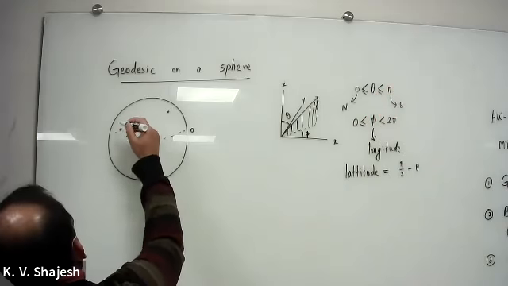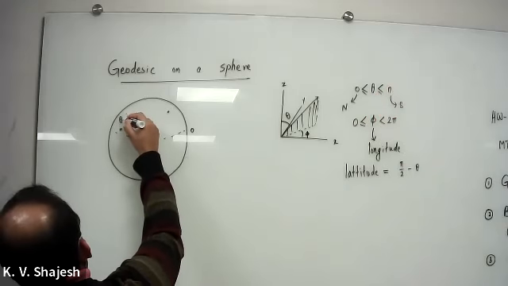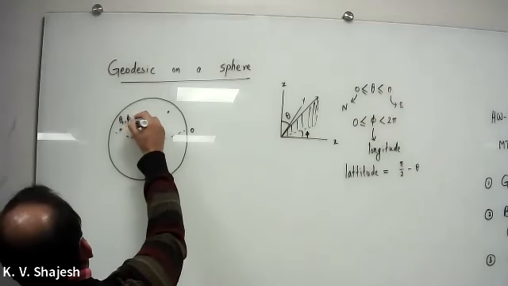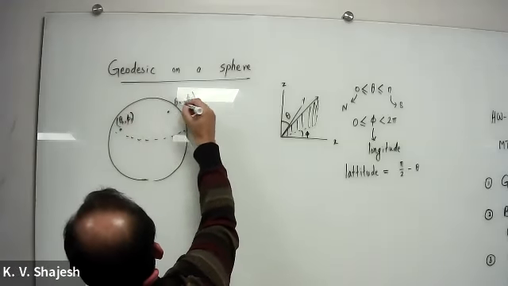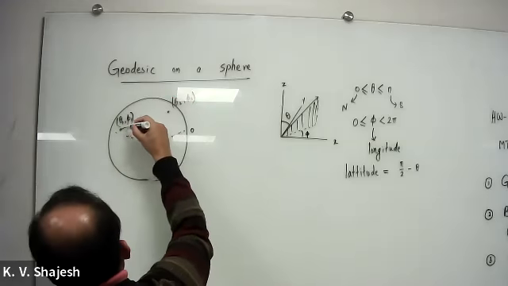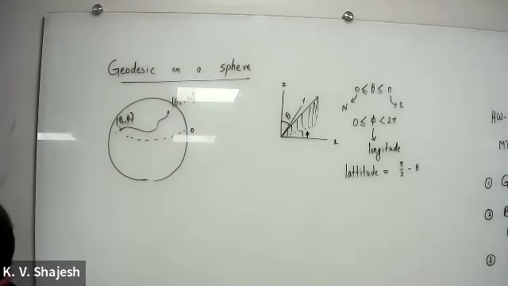So the idea is that there are 2 points, theta 1, phi 1, and any 2 points, theta 2, phi 2. And you want to ask, out of all possible paths on the surface of the sphere, which is the shortest.